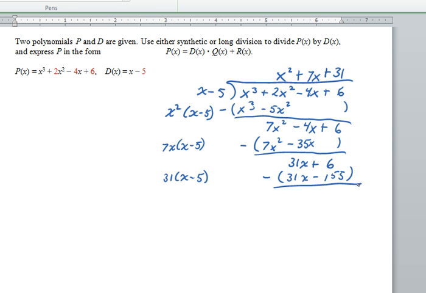Six minus a negative 155 will give us 161 as our remainder. And x squared plus 7x plus 31 as the quotient.